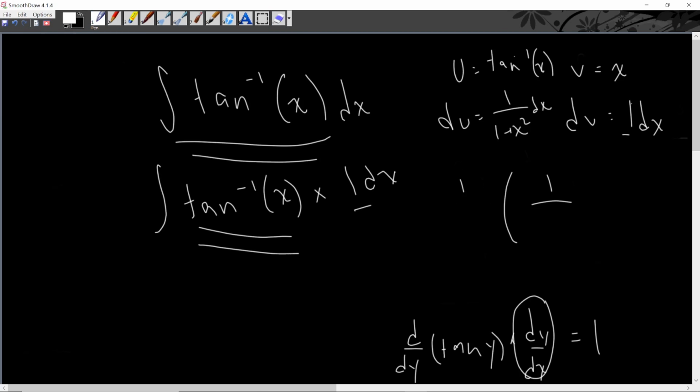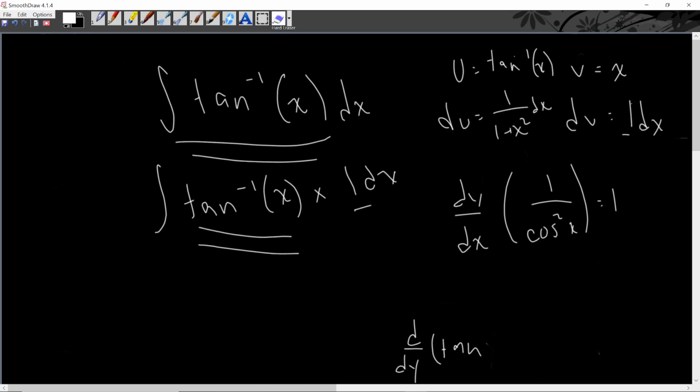Dy dx times 1 over cosine squared x is equal to 1, and then when you divide both sides by 1 over cosine squared, 1 over 1 over cosine squared is just going to be cosine squared. So we have dy dx is equal to, it's not cosine squared x because we differentiate with respect to y. It's going to be cosine squared y. So we have dy dx is equal to cosine squared y.